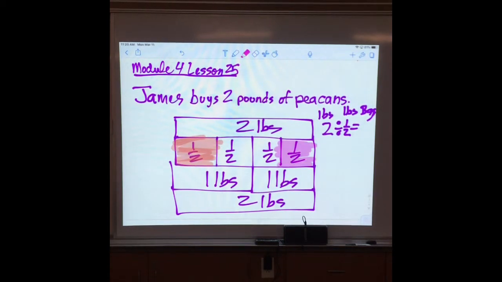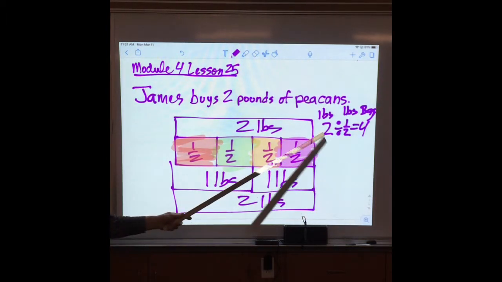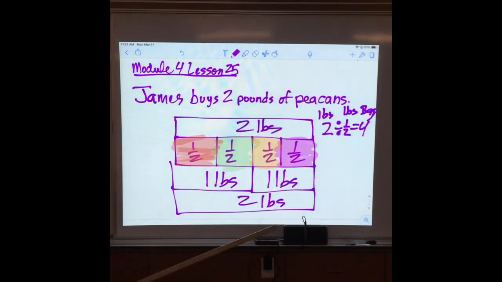This is 2 bags. 3 bags. How many bags? 4. I have 4 bags. So if I take 2 and divide it by half, it's going to give me 4. Do you see how we divided it into half pound in each bag, right? Does that make sense to everybody?